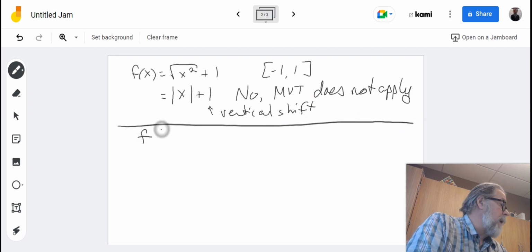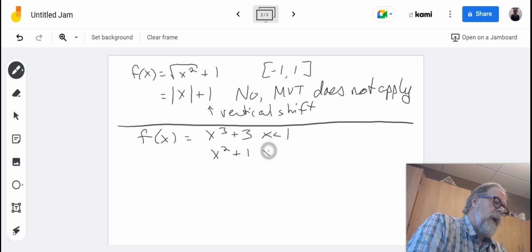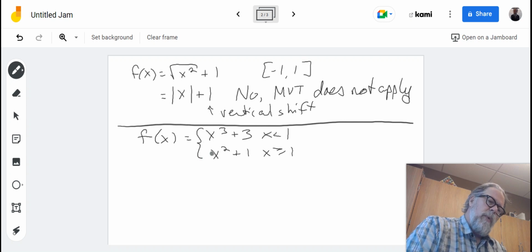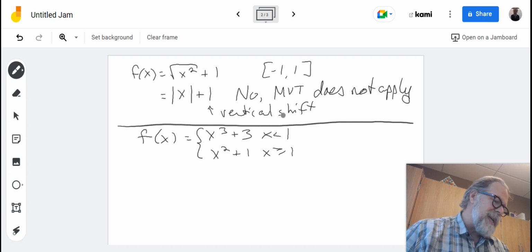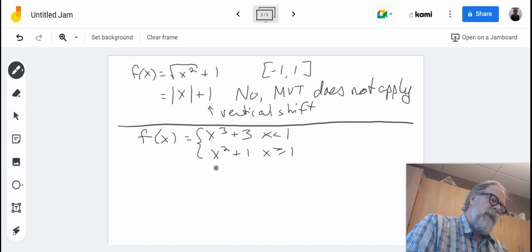All right, how about another one? x cubed plus 3 for x less than 1, and x squared plus 1 for x greater than or equal to 1. The first thing we'll do, we know that this is continuous, except maybe what happens at x equals 1. Well, let's find out.